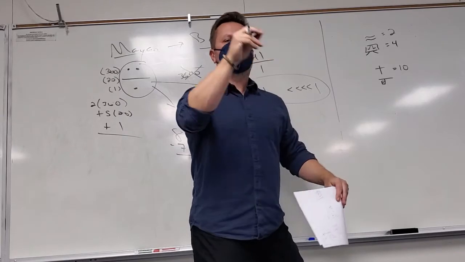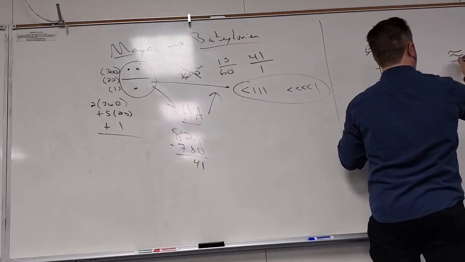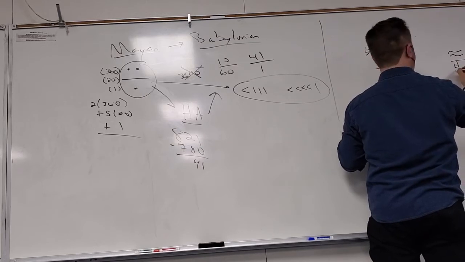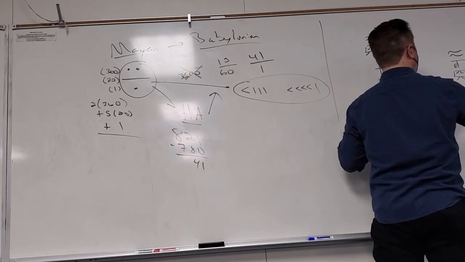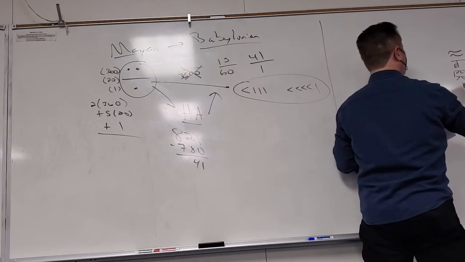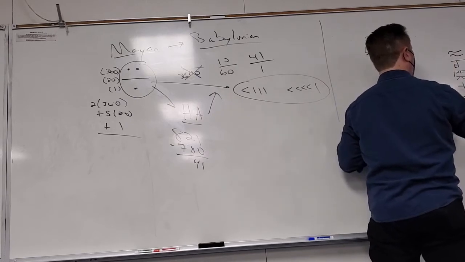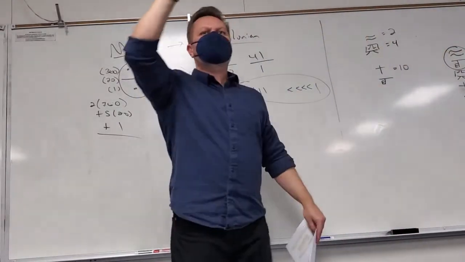Okay, now watch, here's how that works. If I wanted to say 240, Jeff, you forgot the T. 242. So they did this kind of thing. They didn't have a place system.